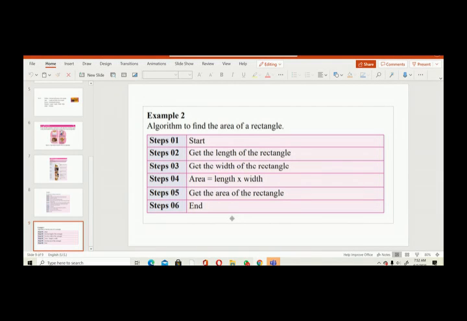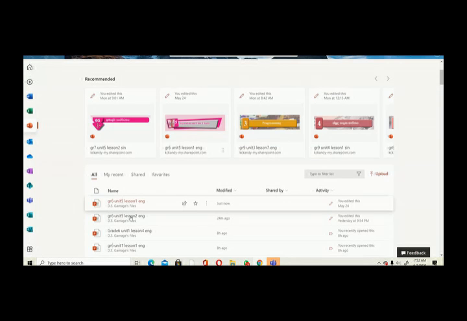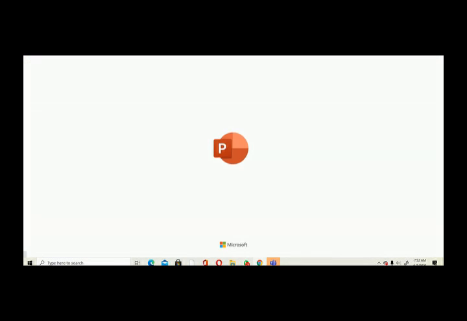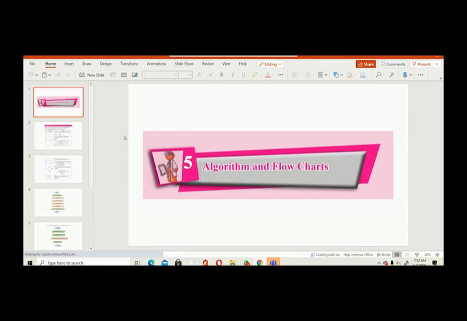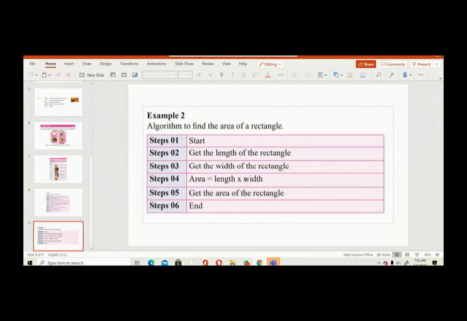So today we are going to learn a new one. So that is the flow chart. Okay, so in your flow chart, you can show the things in your algorithm in a pictorial manner. The same things in your algorithm.